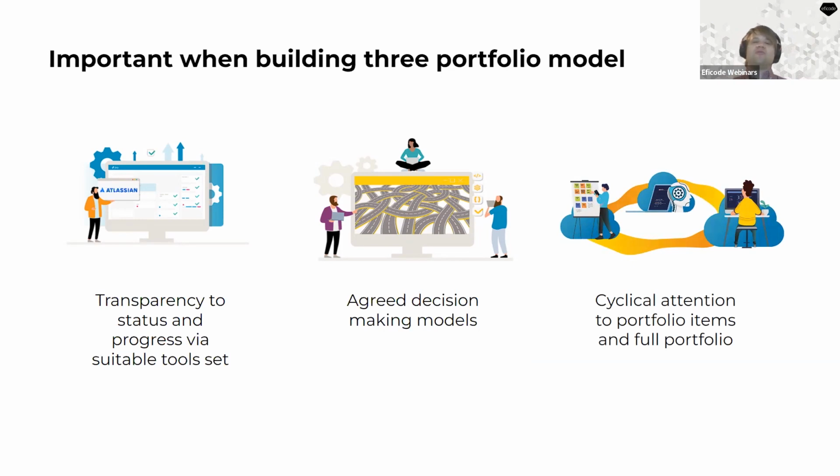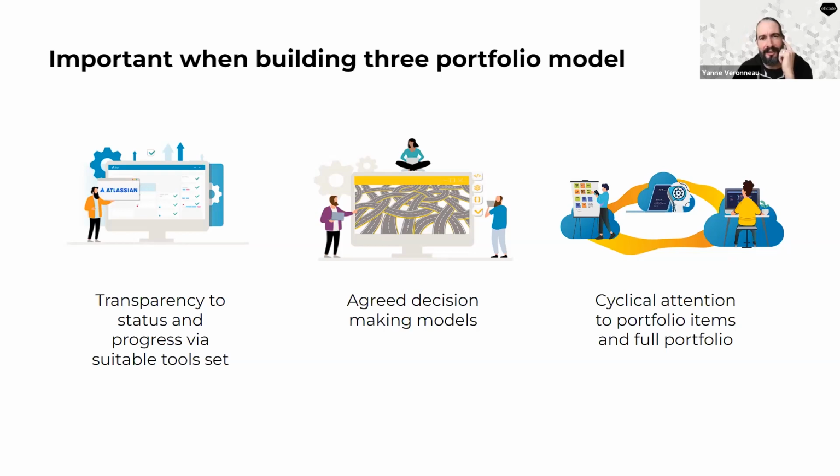With all of these three portfolios, this attention management cannot be fire and forget. We did the investment decisions, and let's see in two years what happened. There needs to be cyclical attention to the items. Hey, what's happening with these? Do we need new decisions about it? Because at any point of the curve, you should be able to actually kill the products if something new happens.